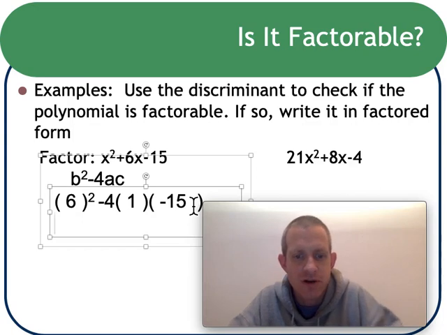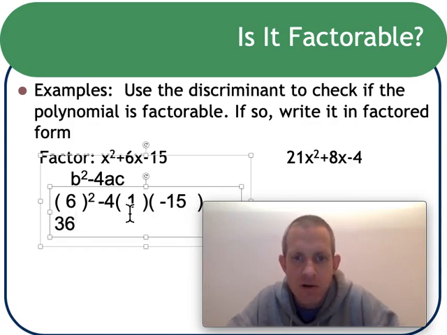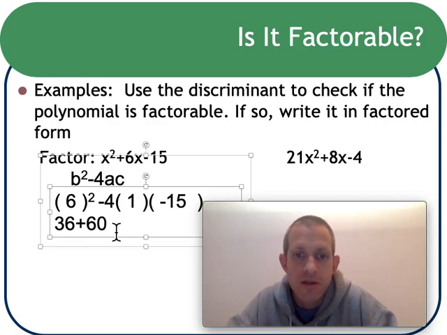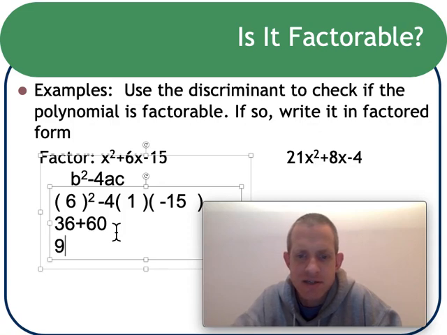So 6 squared is 36. Over here, 4 times 1 times 15 is 60. And there are 2 negative signs. I'm subtracting a negative 15, and so this is a plus 60. So the discriminant in this case, 36 plus 60, is 96.